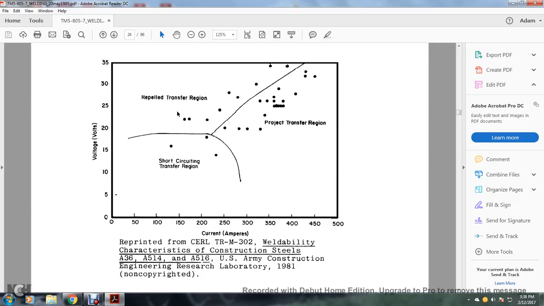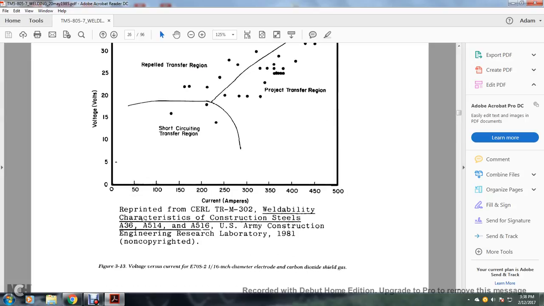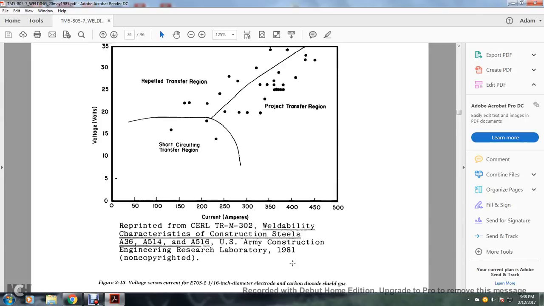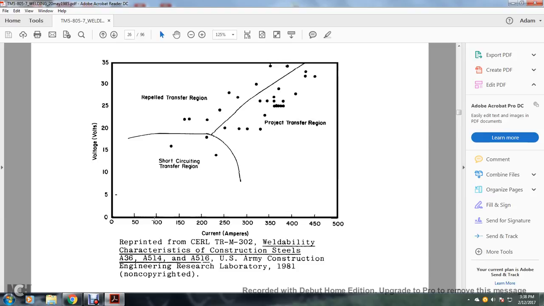Reprinted from Circular TRM 302, Welding Characteristics. Voltage versus current with the E70S-2, 1/16-inch diameter electrode, carbon dioxide shield. Your amperes run from 0 to 500, with a range between 100 and 400. We have the repelled transfer region, short circuit transfer region, and projected transfer region, with voltage in volts.